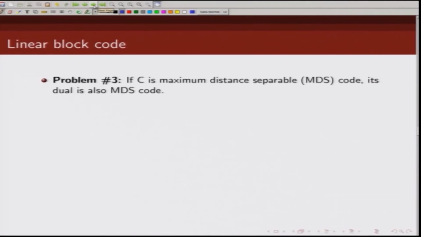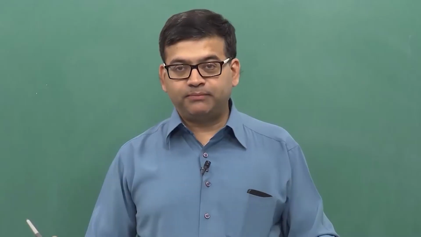Next, if we are given a linear block code C, let us say an (n, k) linear block code, and it is said that this code is maximum distance separable, then show that its dual code is also maximum distance separable.